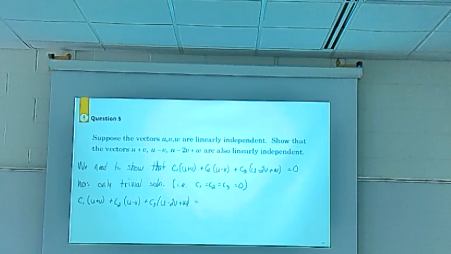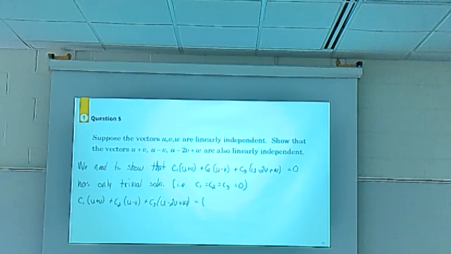Group all of your C's together. I'm sorry, group all of your vectors together. So all of the u's, all of the v's, and all of the w's.